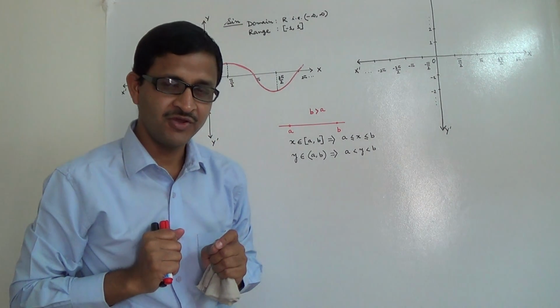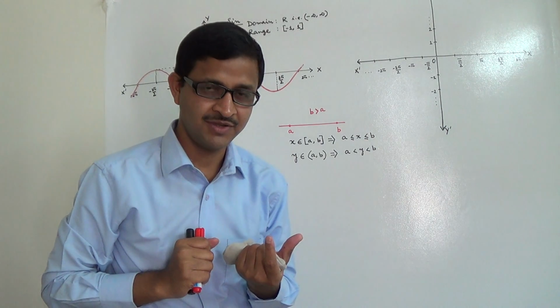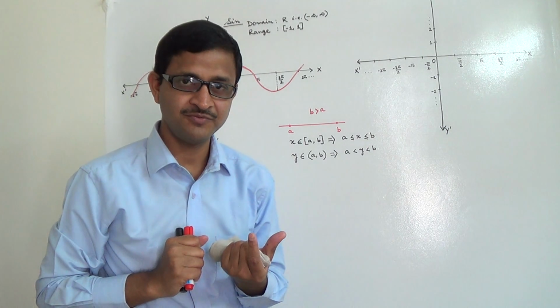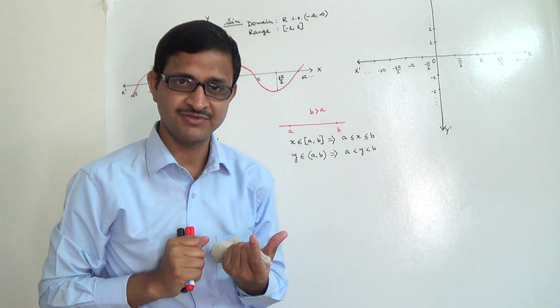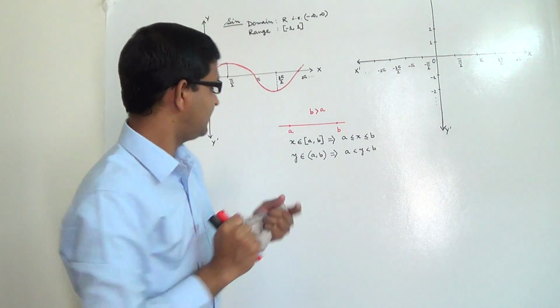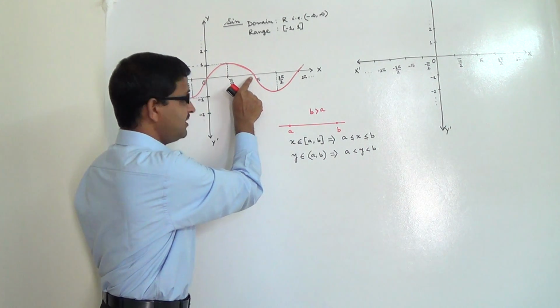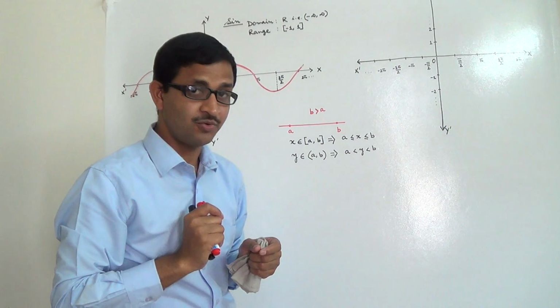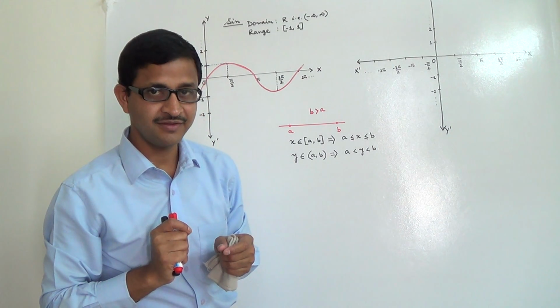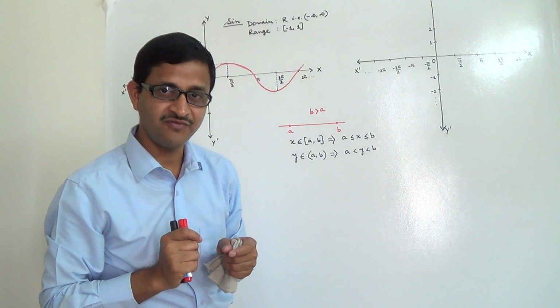What is the value of sine 0? It is 0. So what is the value of cosec 0? It is undefined, 1 by 0. Similarly, what is the value of sine pi? It is 0, but the value of cosec pi is 1 by 0, which is undefined.